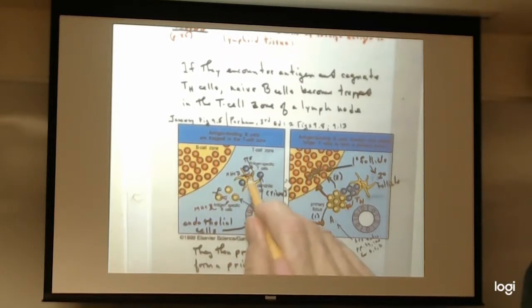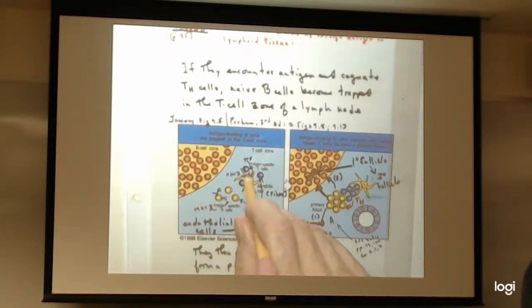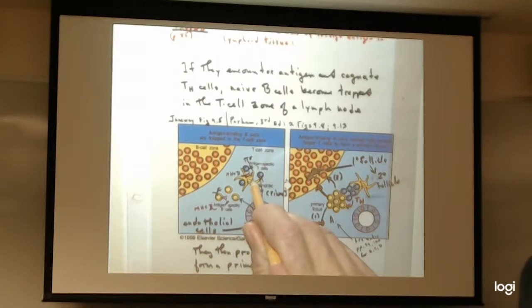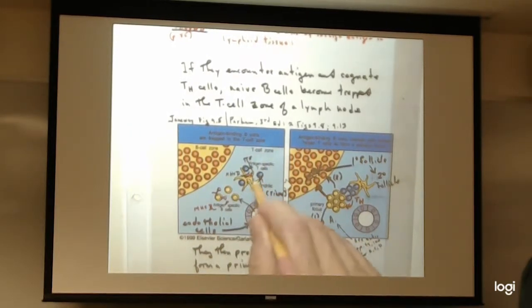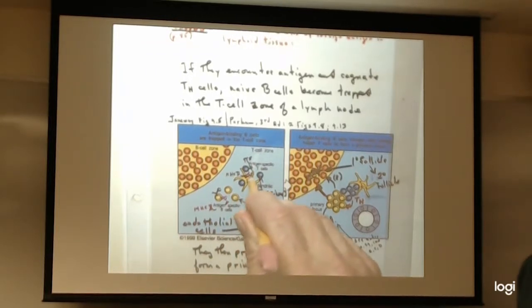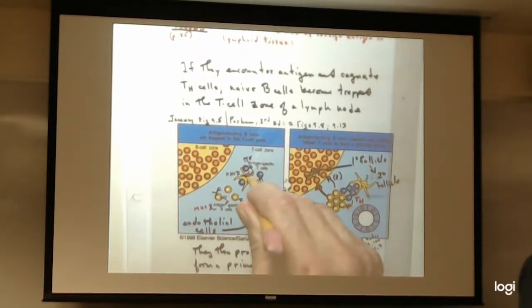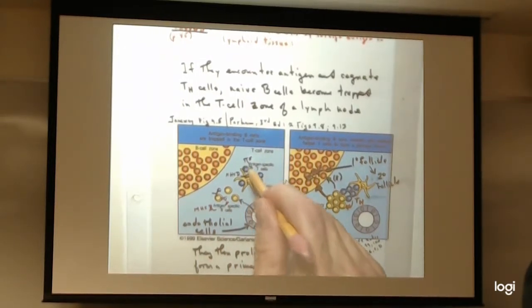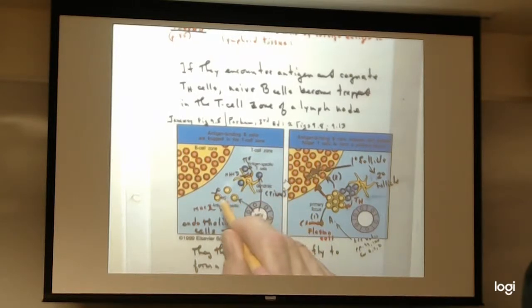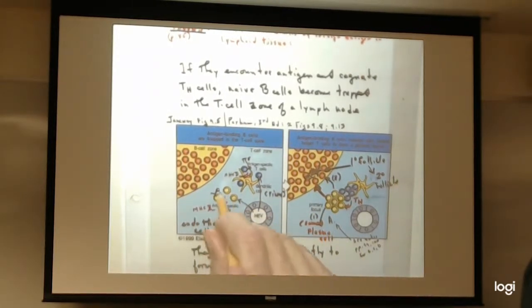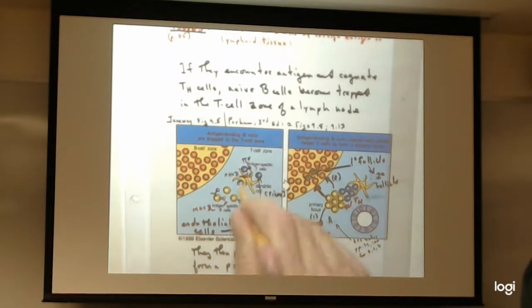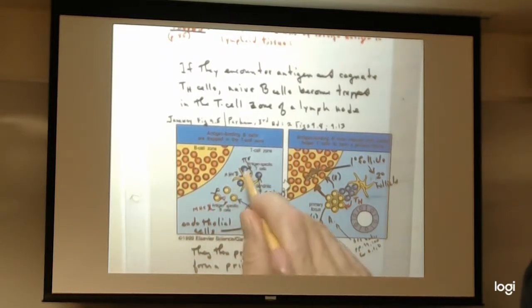There'll be a CD4 T cell, which has become, in this environment, a differentiated CD4 T helper 1 or T helper 2 cell, and it can then recognize the same peptides from the foreign antigen that the B cell is presenting on its MHC2 molecules, and therefore this is the one out of a million CD4 T helper cells that can give this B cell the second signal that it needs, okay?